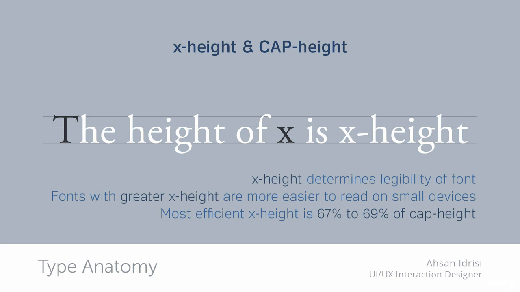Now x height is very important, and the ratio between x height and capital letter is also a very important factor in legibility of a font. If we have a good x height, it can be easier to read on small devices or small booklets. So if you are designing for mobile apps, you need to consider a font with larger x height.